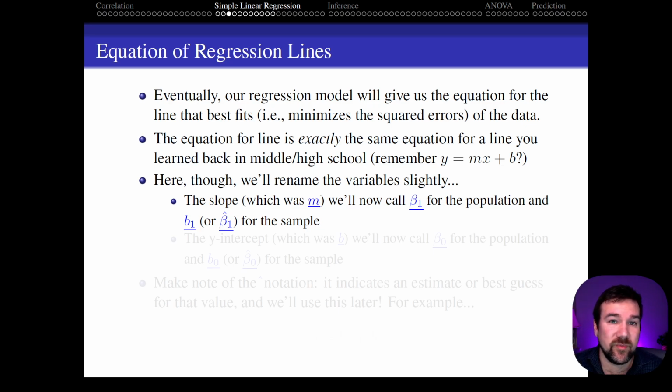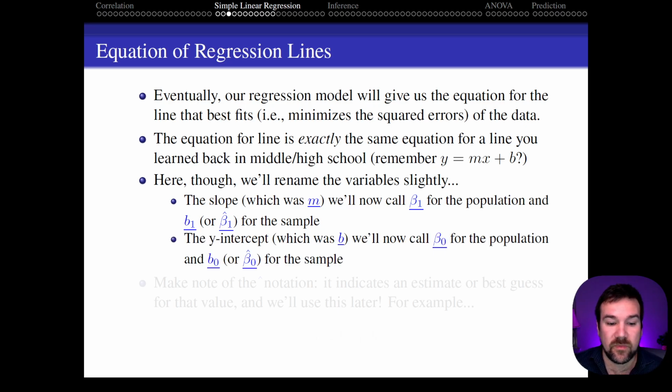And it'll be important to remember the hat notation. I actually quite like the hat notation, so you'll see that appear every once in a while. The hat notation is where I just use the population notation, and then I put a hat on top to mean the sample thing for that. So b1, the sample slope, and beta 1 hat are actually representing the same thing. Both are representing the slope calculated from the sample.